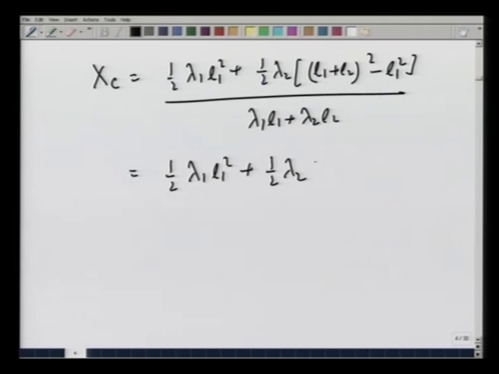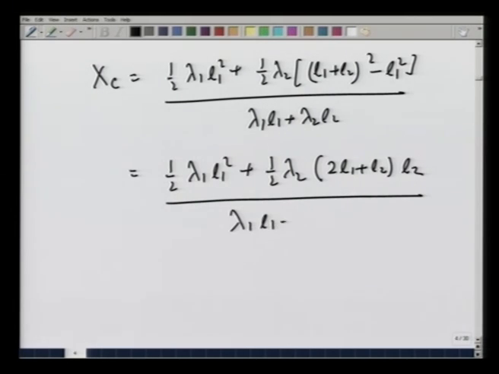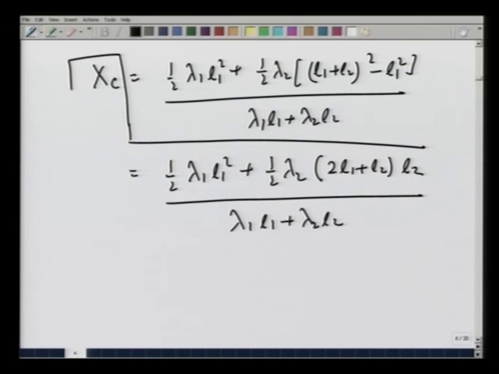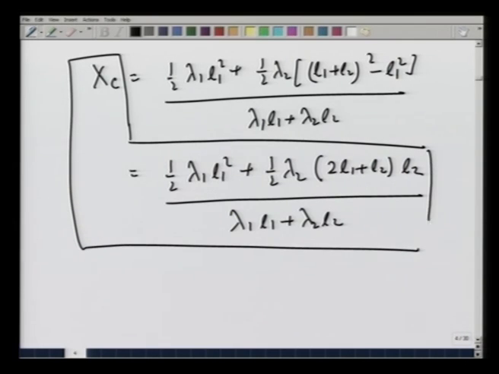I can simplify this, this will come out to be 2 L1 plus L2 times L2, divided by lambda 1 L1 plus lambda 2 L2. So, from the left hand side end of the rod, this is where the center of gravity lies.